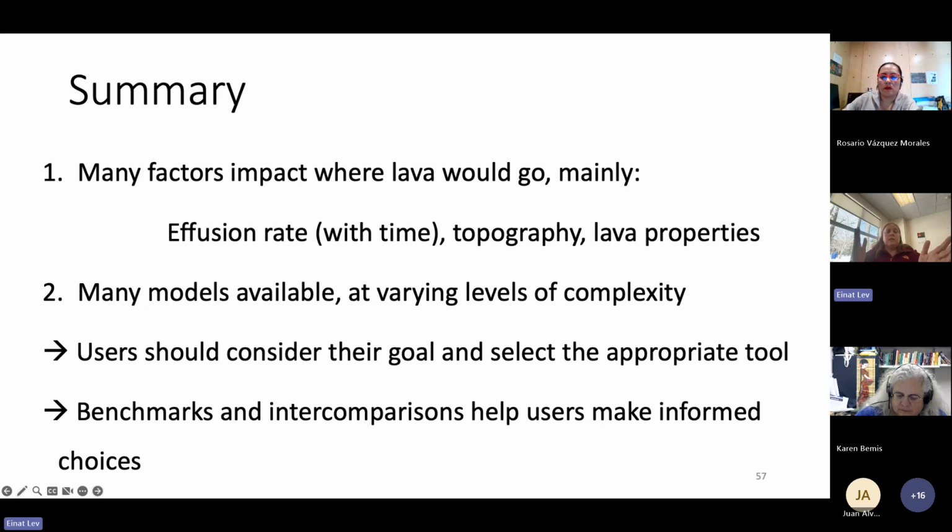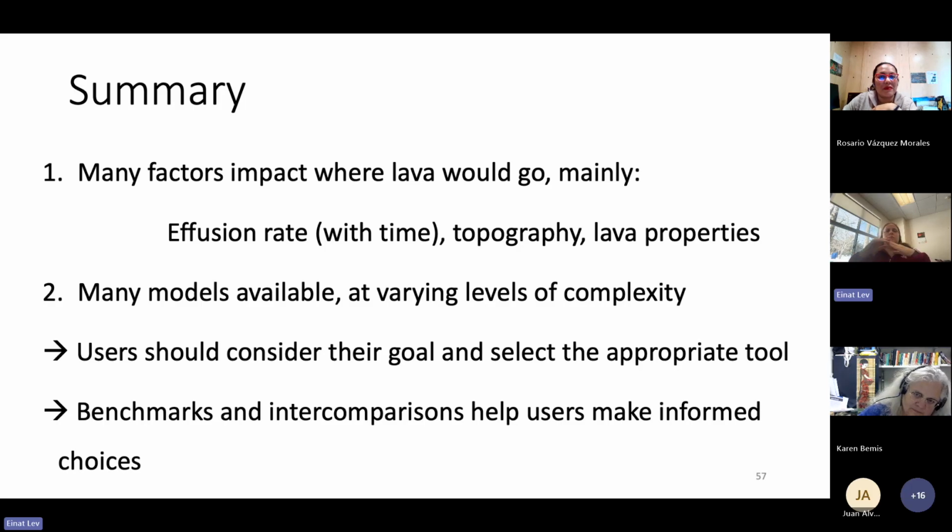So I guess to summarize, there are many factors that impact where lava would go, mainly the effusion rate, the topography, and the lava properties. There are many different models available. There are lots of them on Victor because I'm obsessed with lava flows, and they have a wide range of levels of complexity, which also translate to speed.